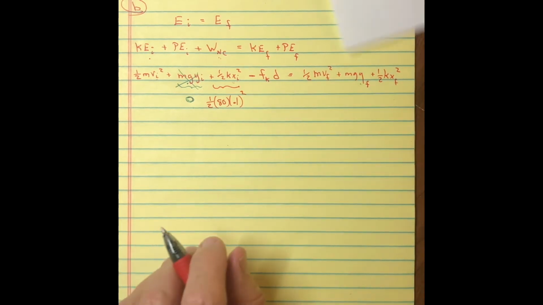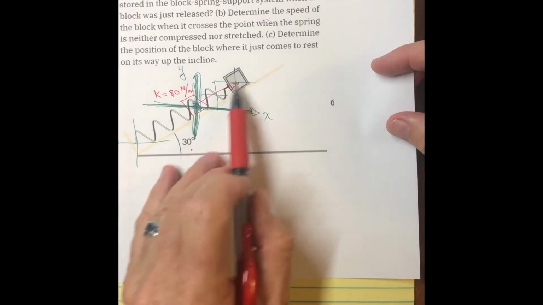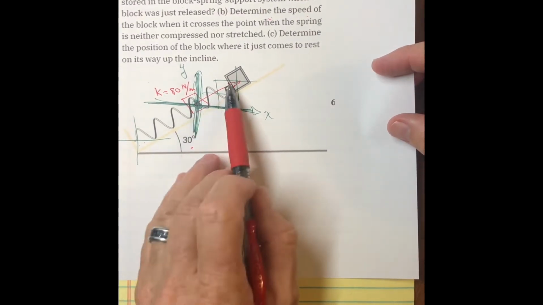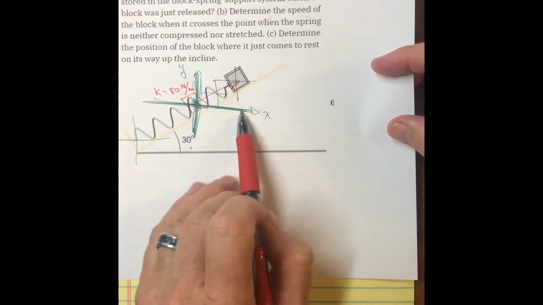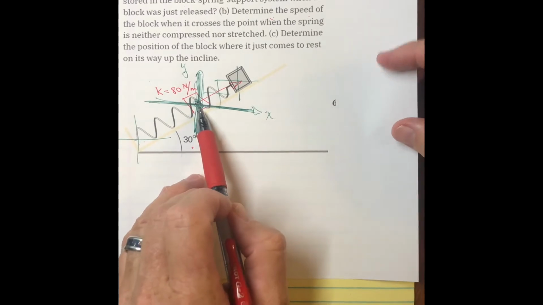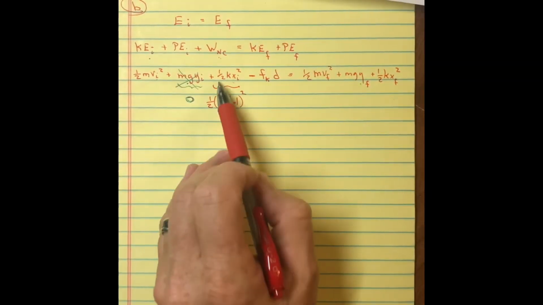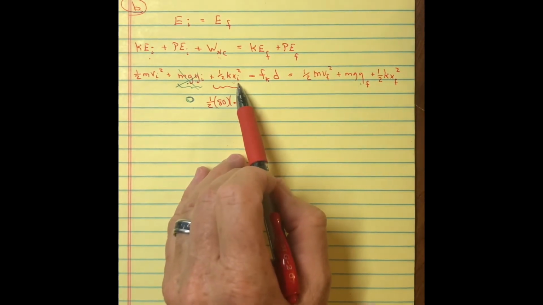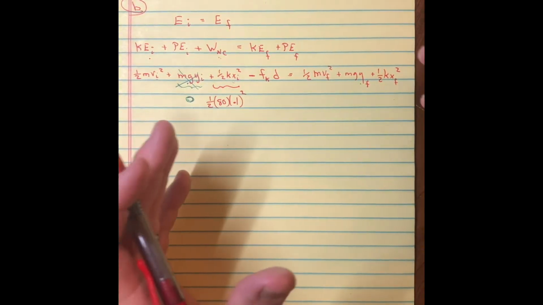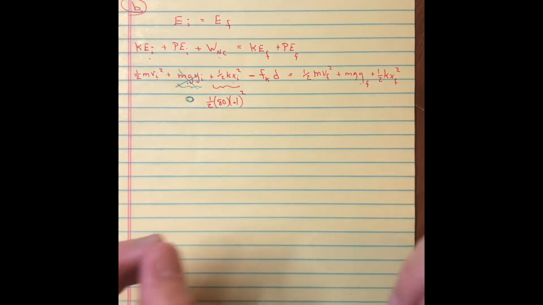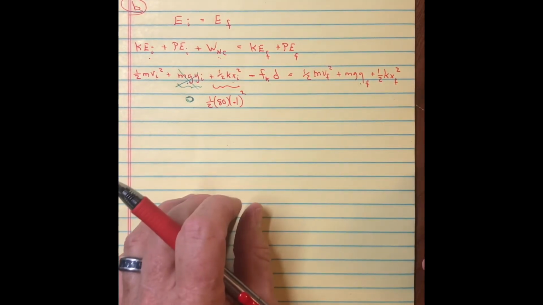And that's worth repeating here because, again, a beginning student could look at this and say, well, isn't the initial part right here, doesn't x equal 0 right there? And I'd say, the x on the grid did. But the x in this equation is not the x on the grid. It's how much the spring is either compressed or stretched from its natural length.